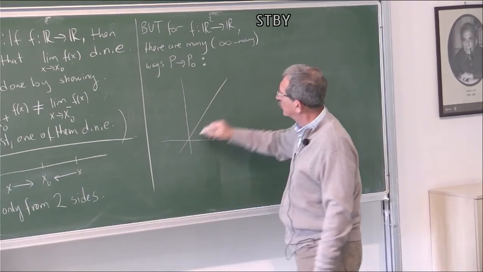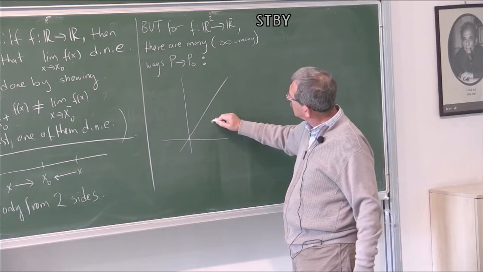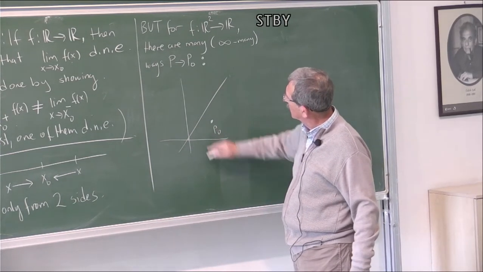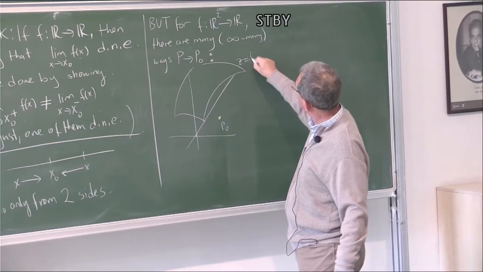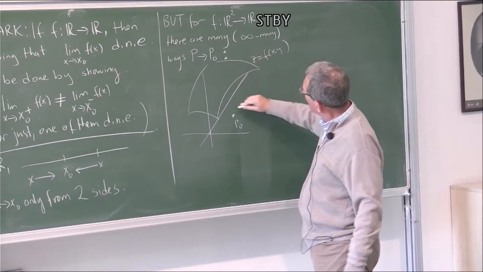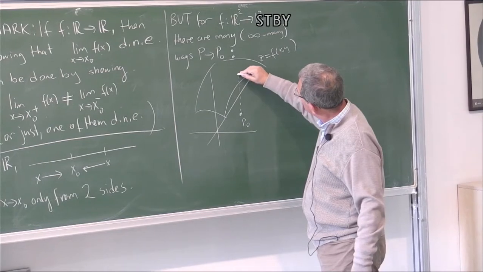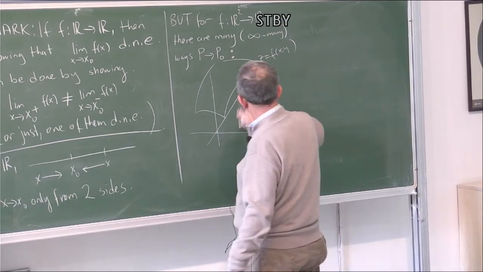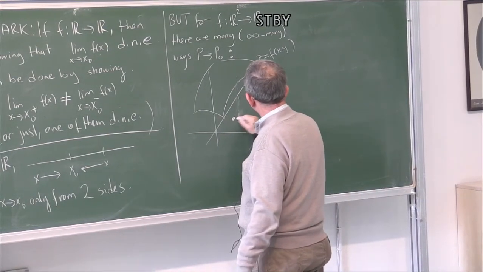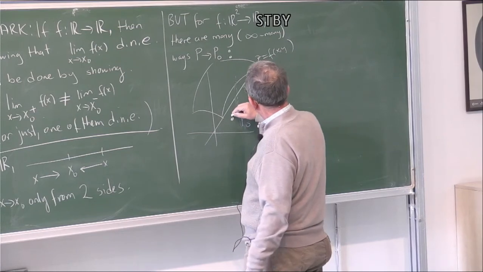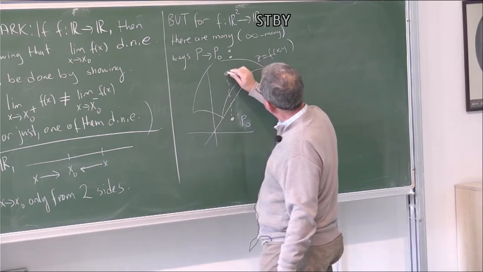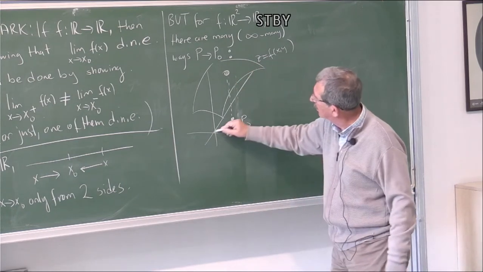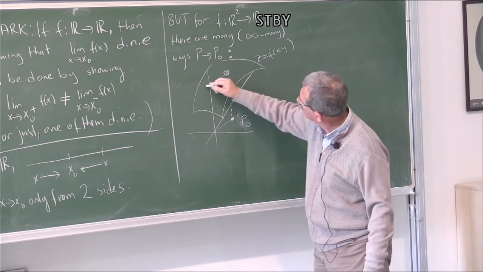It will be understood better. Say this is my P0. Somewhere here, I have a surface, and let me put it somewhere here. That would be better. Say this is the level. It need not be full. This is the level L.